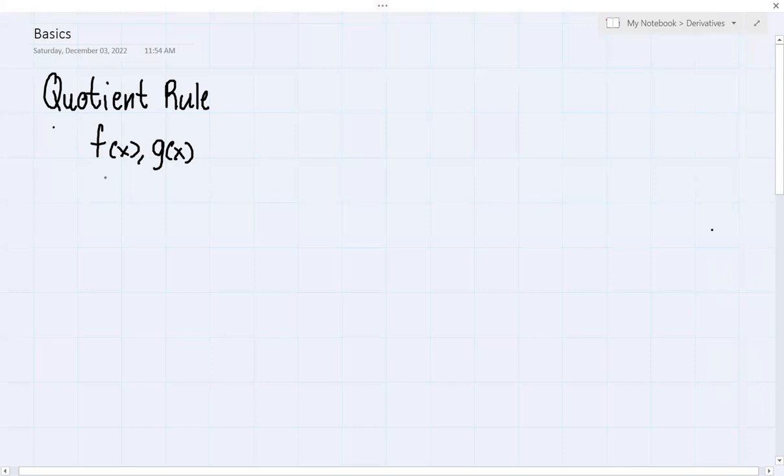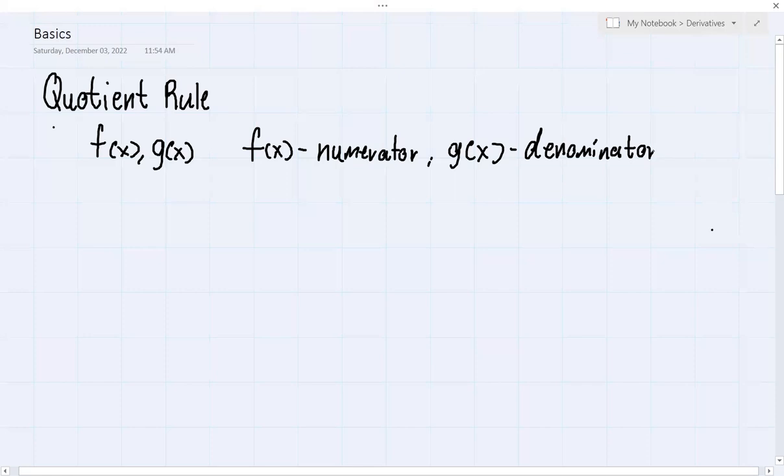So f of x will be the numerator, the dividend. Then g of x will be the denominator or the divisor. Siya ang magdi-divide kay numerator.